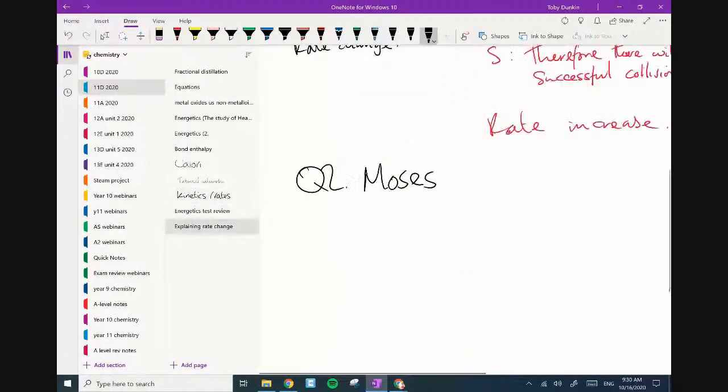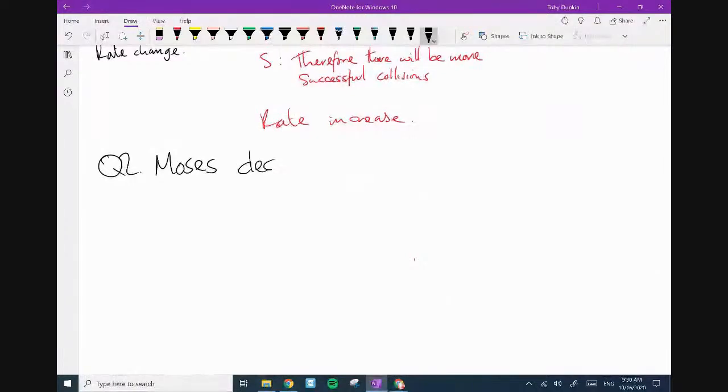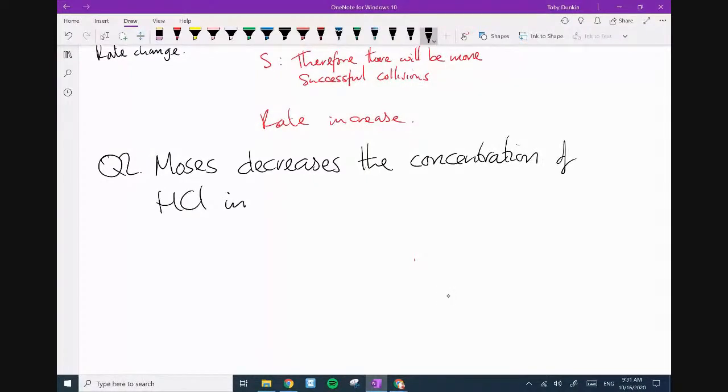So Moses decreases the concentration of HCl in his reaction. Explain the rate change. Go full pirate. I like it. Okay, answer.